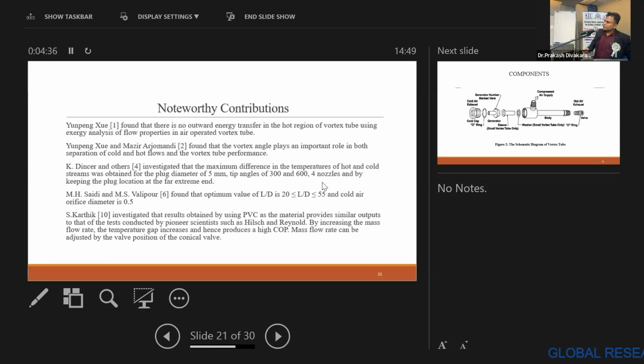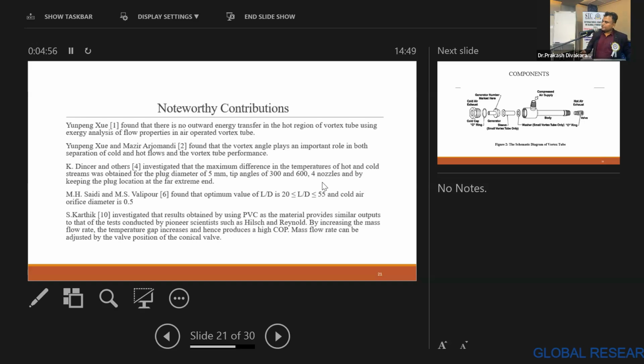In the same work, Yambang Sui also says that the vortex angle plays a very important role in getting the cold air and the hot air, and again investigated that the maximum difference in the temperature of the hot streams depended on the plug diameter and its length.